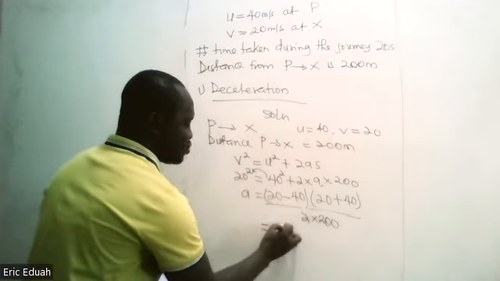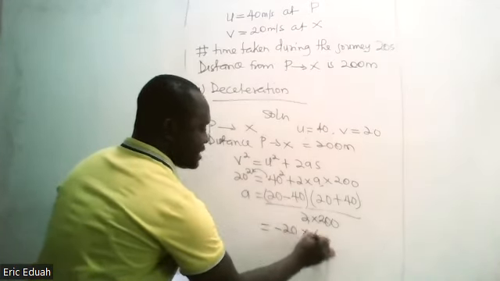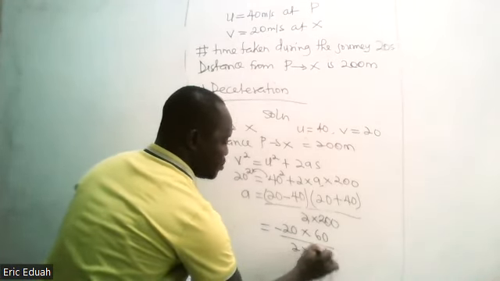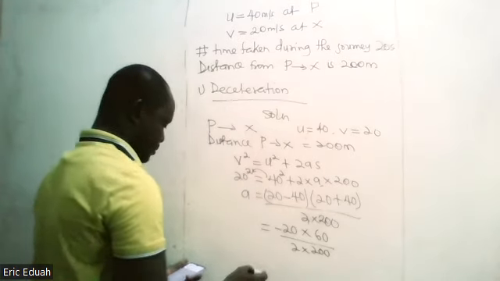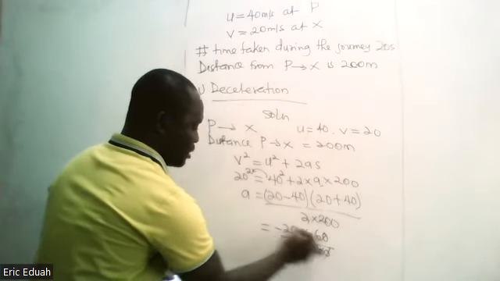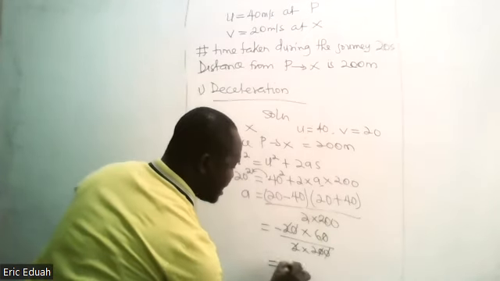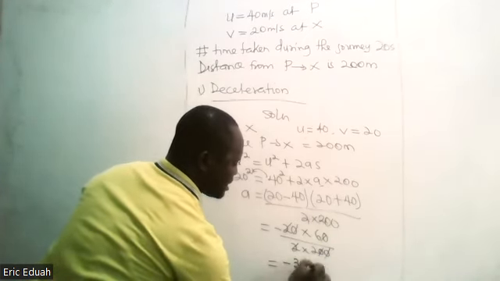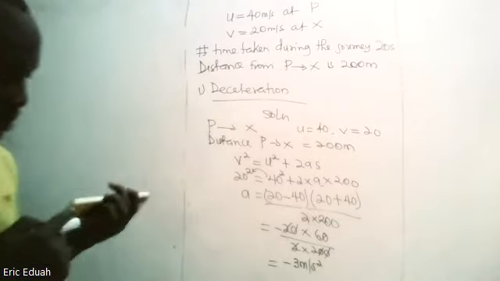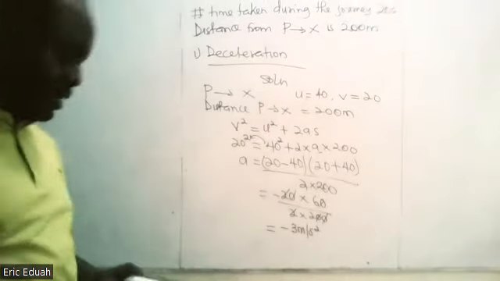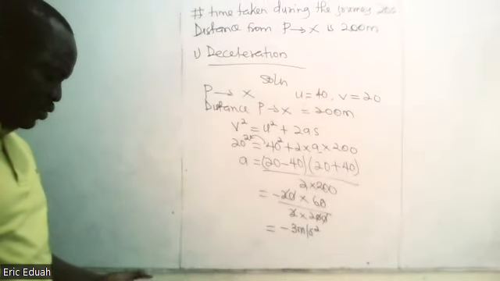So this is minus 20 times 60 divided by 2 times 200, giving us minus 3 meters per second squared. Negative 3 meters per second squared.